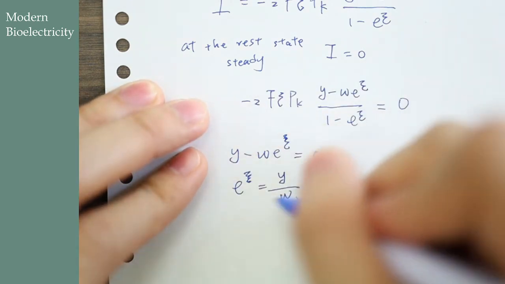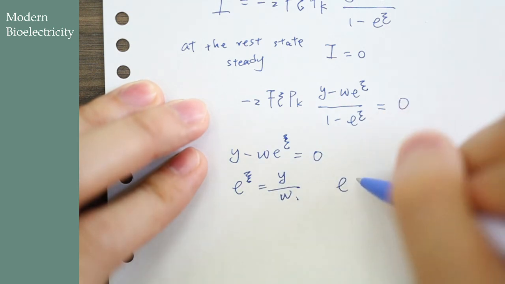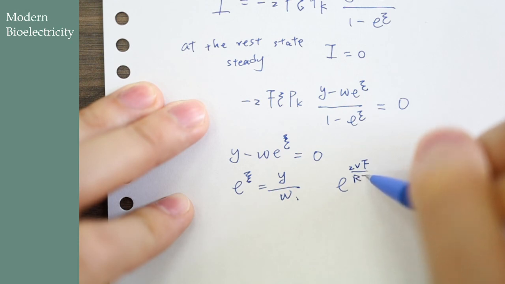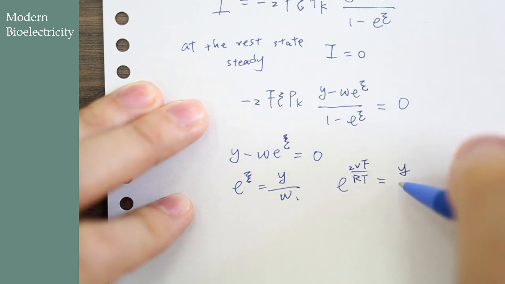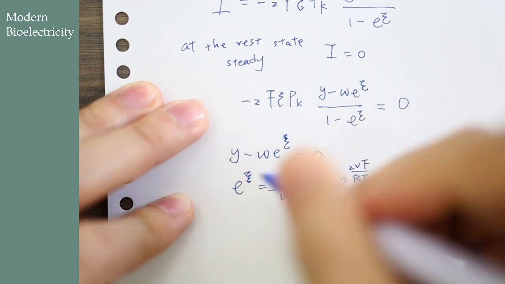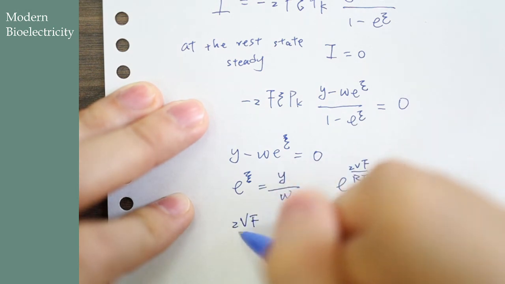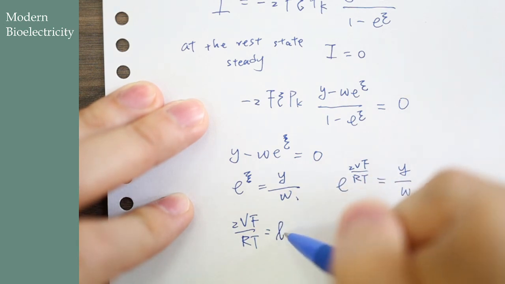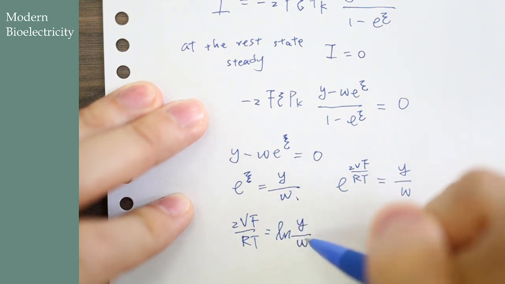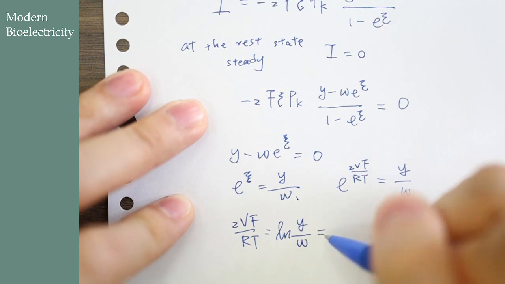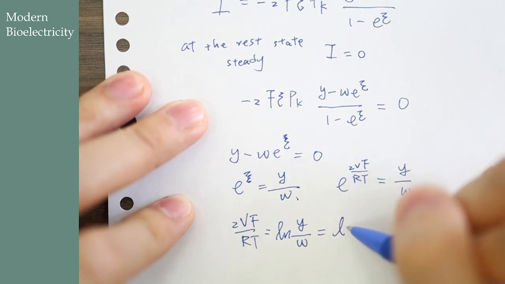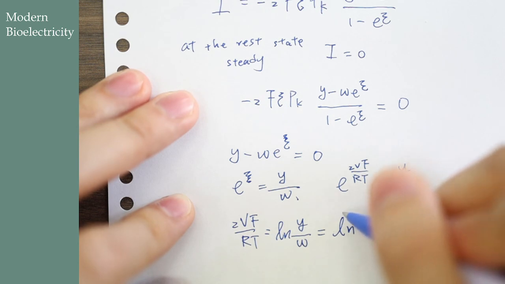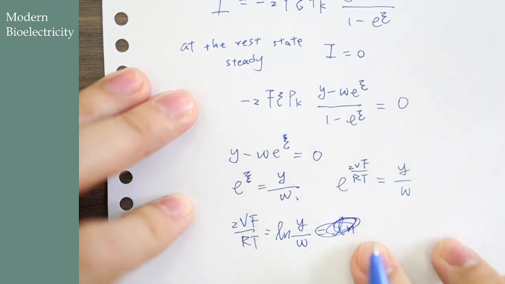So e to the ZVF divided by RT is equal to Y divided by W. ZVF divided by RT is equal to log of Y divided by W. We can do the rest later.